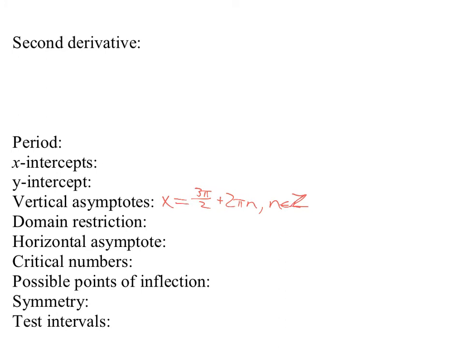What is that symbol? That's the Z for integers. n is an element of the integers. We saw that before. The domain restriction is basically this, but it can't equal that. The domain is x cannot equal 3 pi over 2 plus 2 pi n. Alright, so that's the first thing.